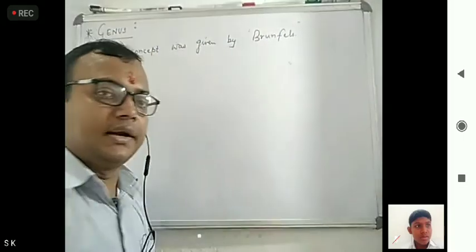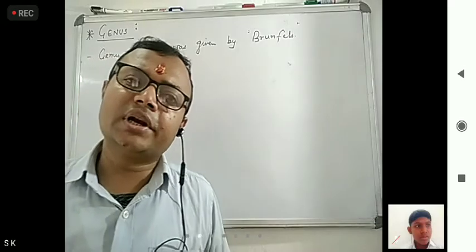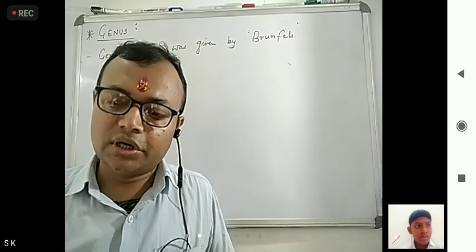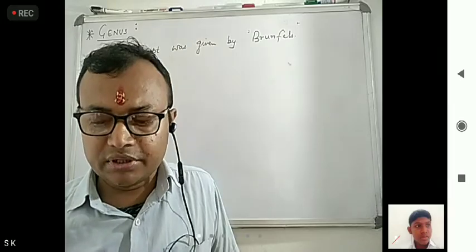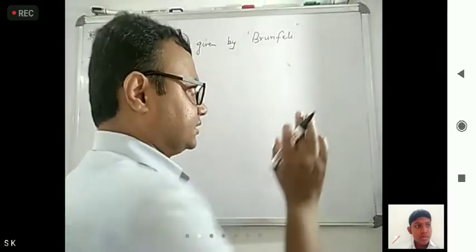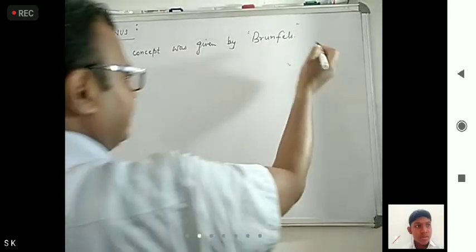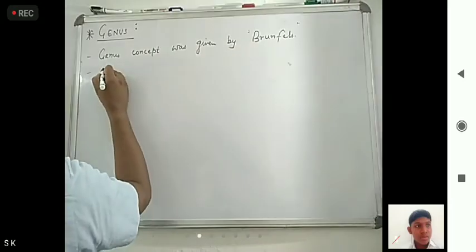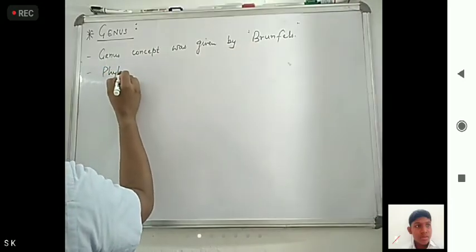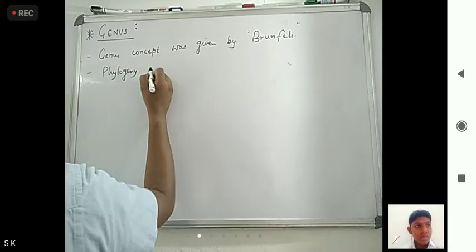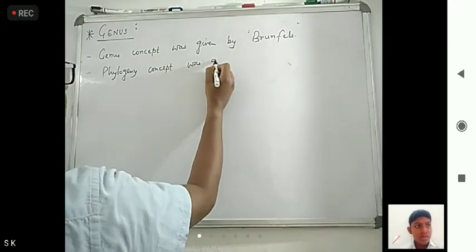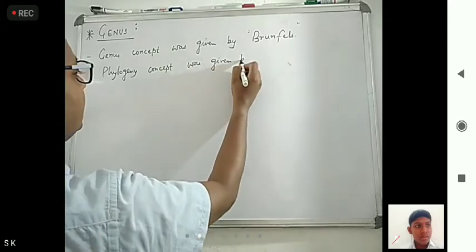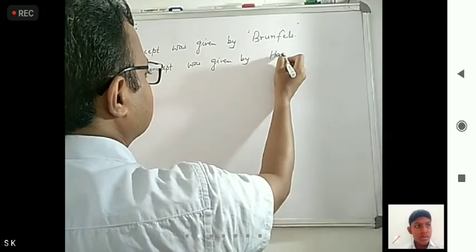Genus correlates with phylogeny, and we already know that the concept of phylogeny was given by Haeckel, already discussed. So if you want, you can write here that the phylogeny concept was given by Haeckel.